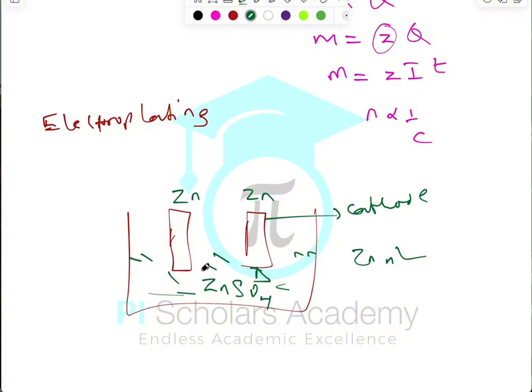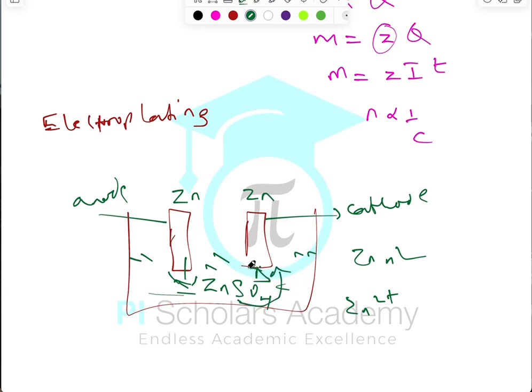And from what you have already learned, when you have active metals like this, and this is your anode, what will happen is that this zinc will dissolve into solution. And because zinc will dissolve into solution, it's going to increase the concentration of Zn2+, and that Zn2+ will migrate to the cathode.